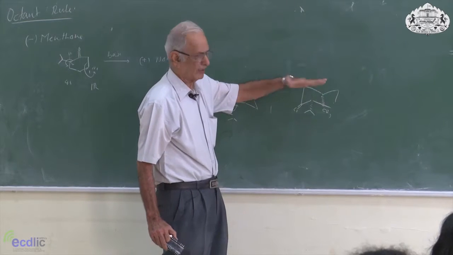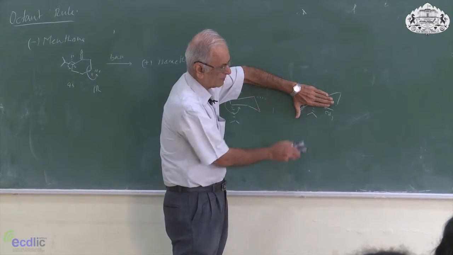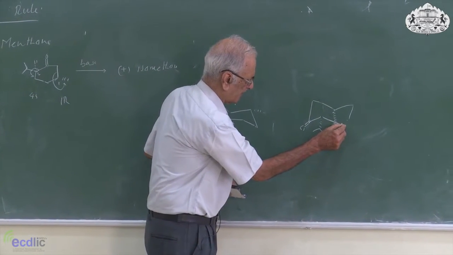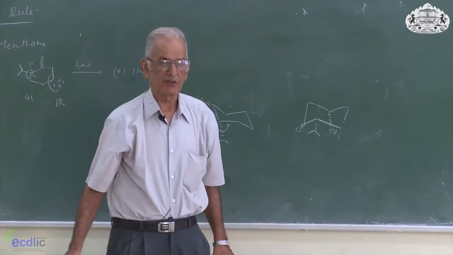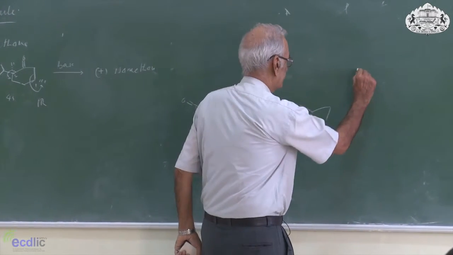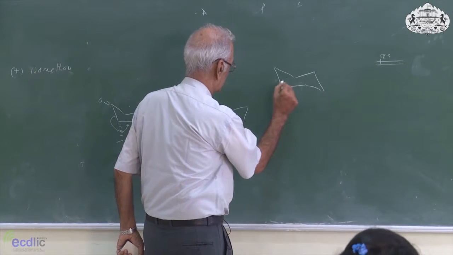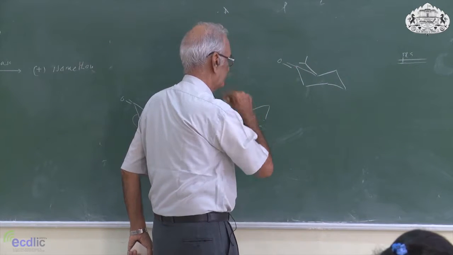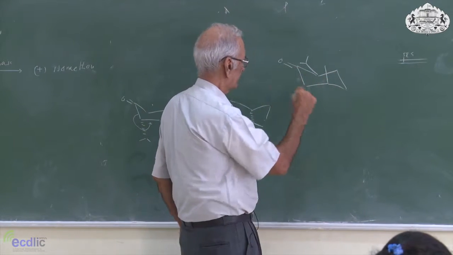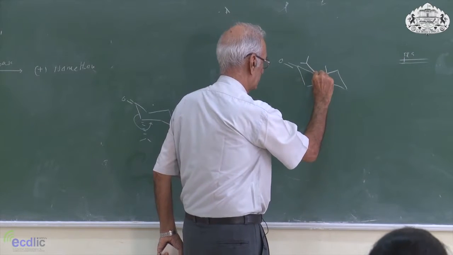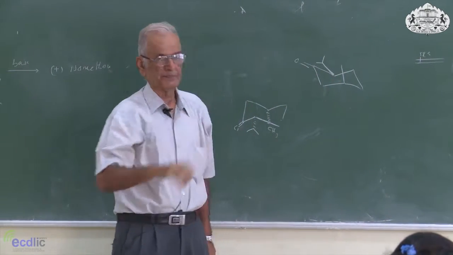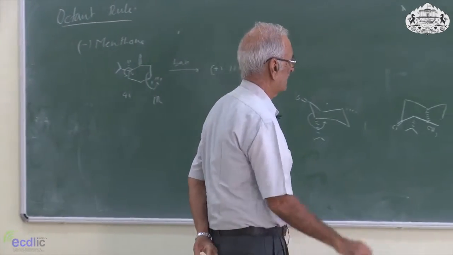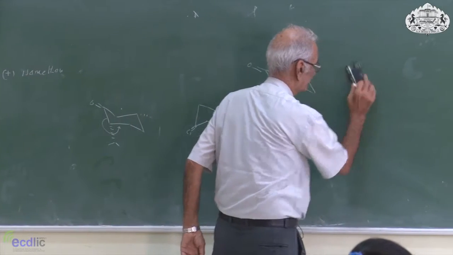Do this, and you do this, what will happen? Whatever groups are below will become above, and whatever groups are on the lower surface will go on the upper surface. So at first glance, this should be the picture.